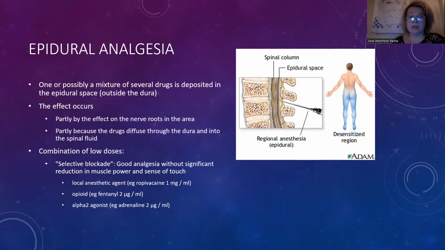So one drug or possibly a mixture of several drugs is deposited in the epidural space outside the dura. And the effect occurs partly by the effect on the nerve roots in the area, and partly because the drugs diffuse through the dura and into the spinal fluid.